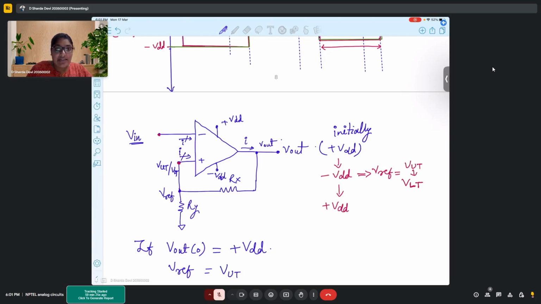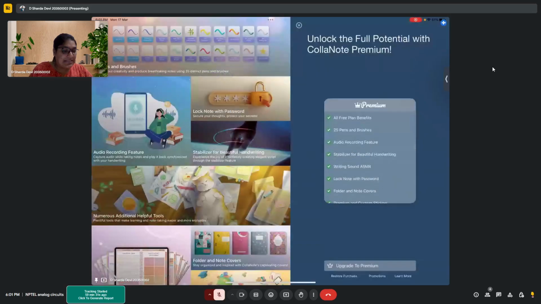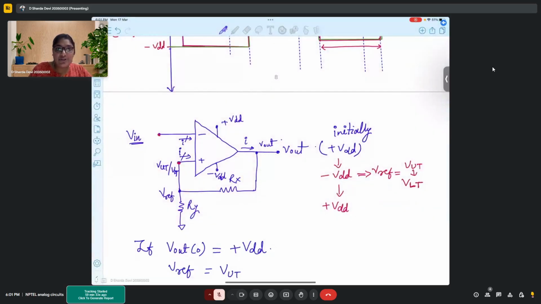No, that's not completely true. When we say we are feeding input, input means we are providing some signal to the circuit. So when there is an amplifier, you provide an AC signal. AC signal is not the power supply. A power supply is always needed for any device or circuit that you design.